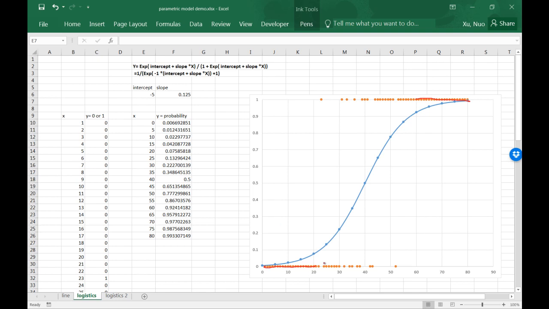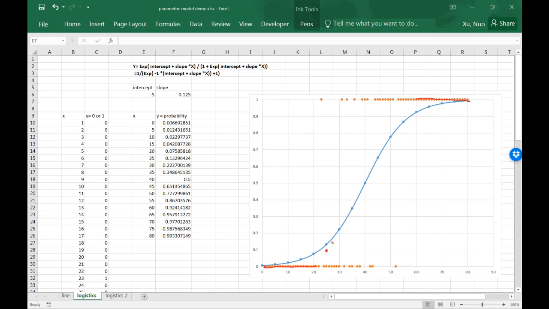Now we can also estimate the probability of being 1 between 20 to 30 by counting how many instances have the target variable of 1. In this case, out of 10, there's only one instance that has the target variable of 1. Therefore, the probability of having the target variable of 1 in this range is around 10%.